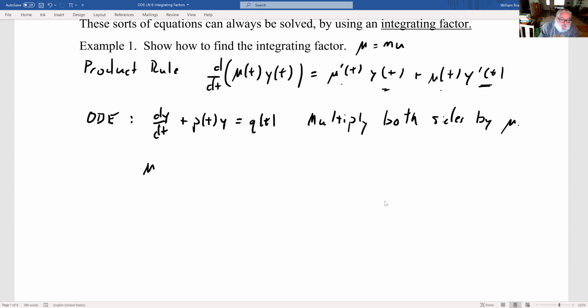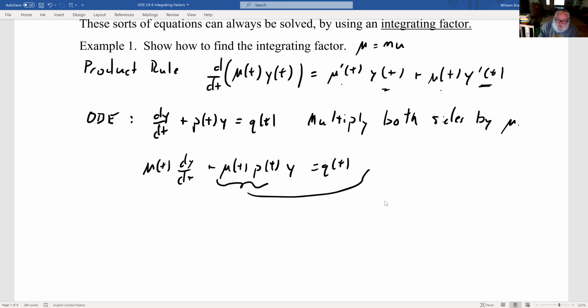So we get mu of t times dy dt, and y is a function of t as well, plus mu of t times p of t, y equals q of t. So the coefficient of y in the product rule should be mu prime, right?